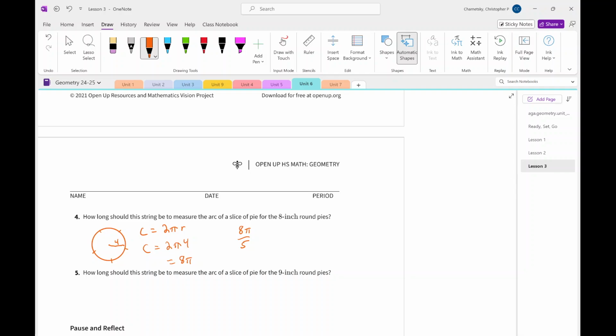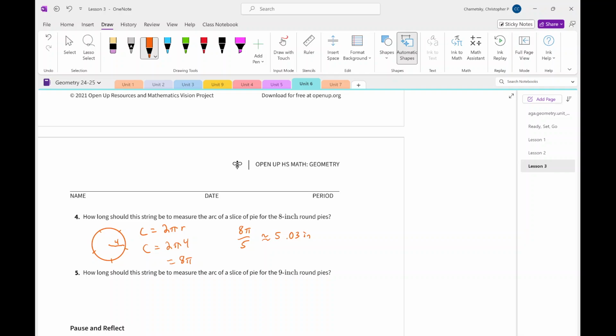So we'll take 8 pi and divide it by 5, and we get about 5.03 inches.